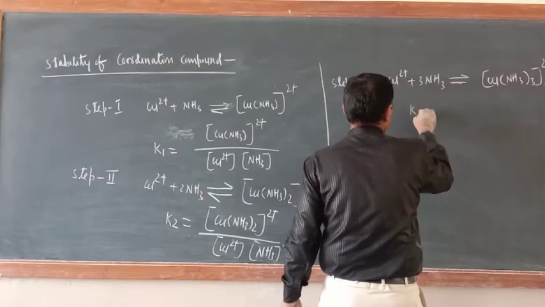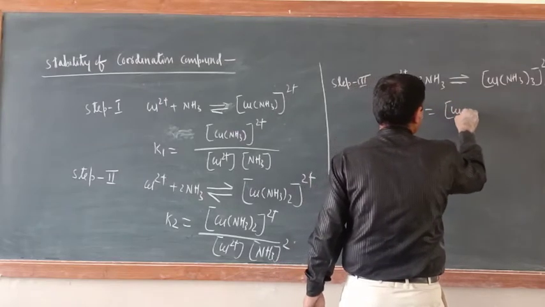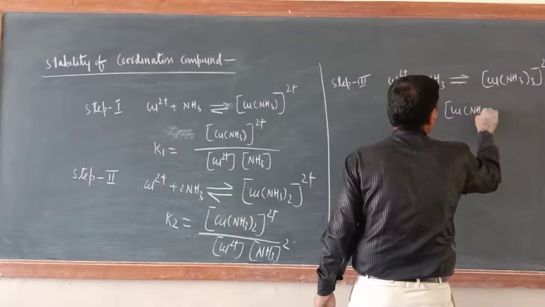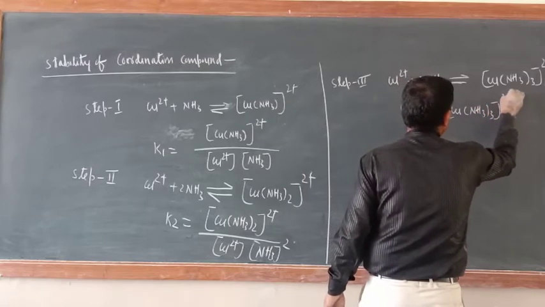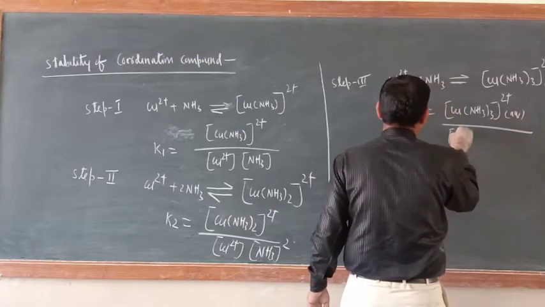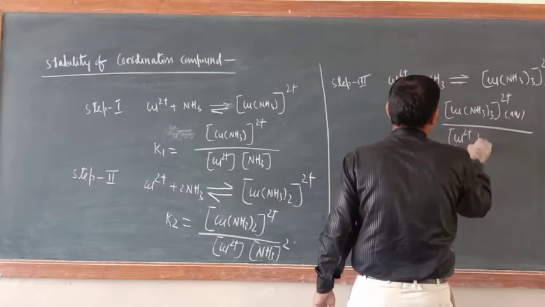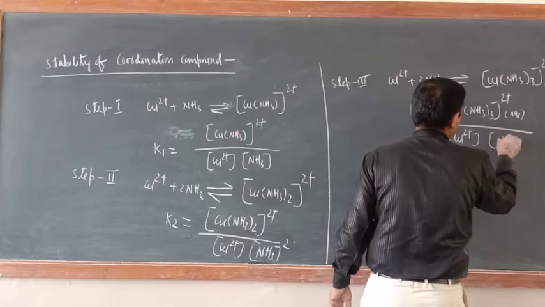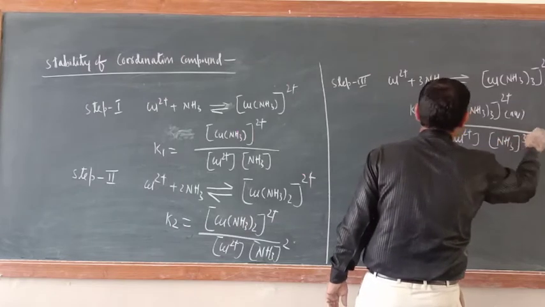So the K3 equals [Cu(NH3)3]2+ aqueous divided by [Cu2+] and [NH3] raised to the power 3.